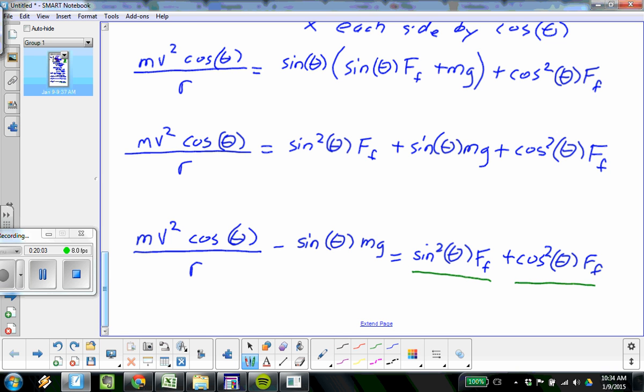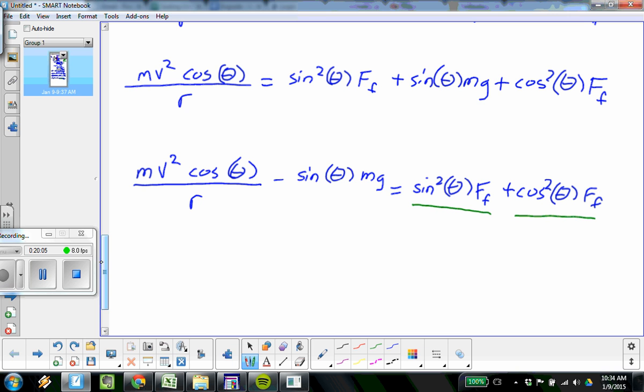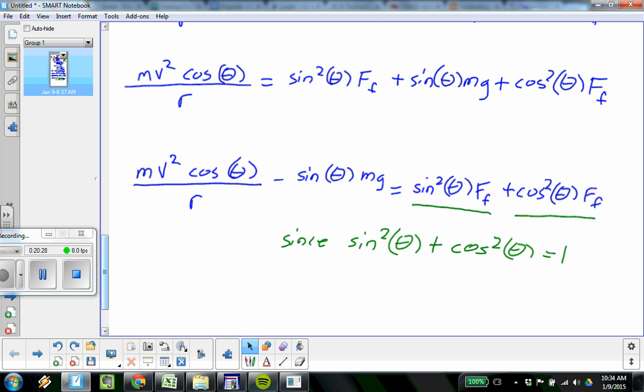And with your trig functions, since sine squared theta plus cosine squared theta is equal to 1, that means the entire right side of the equation is simply equal to the friction force. So we can go ahead and finalize and write that out.